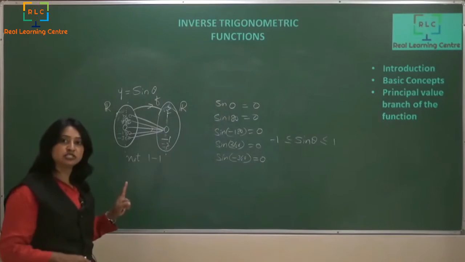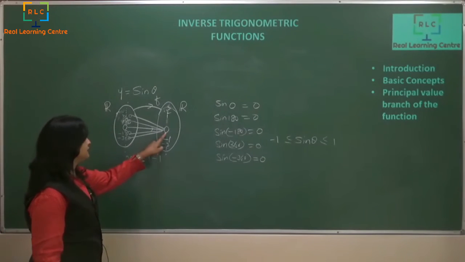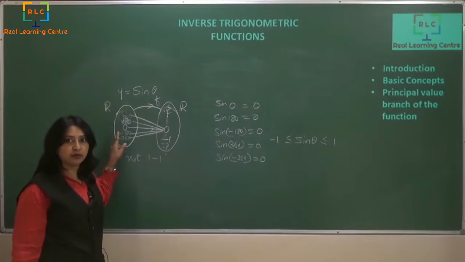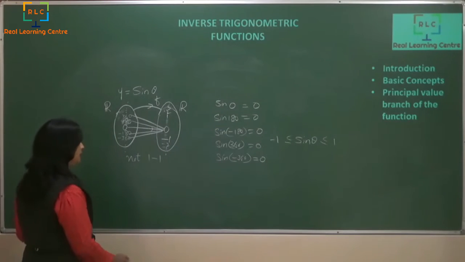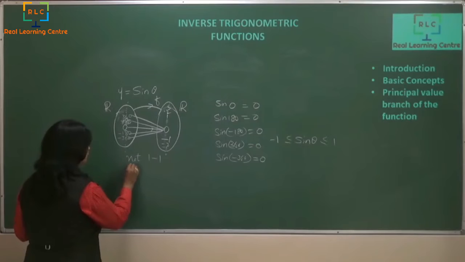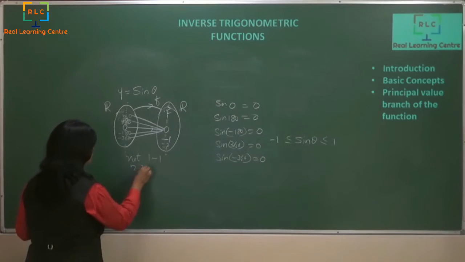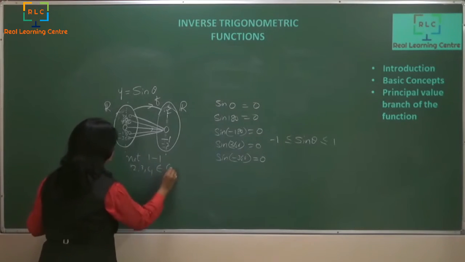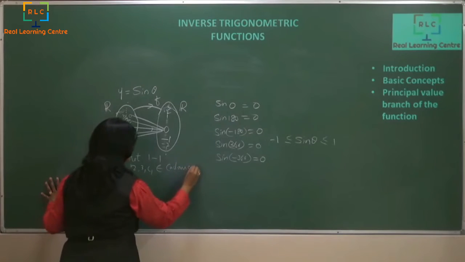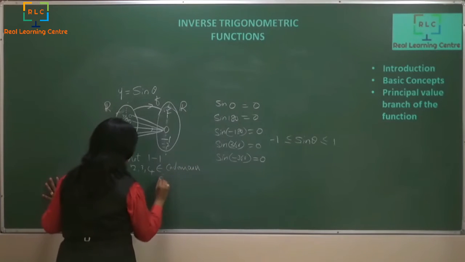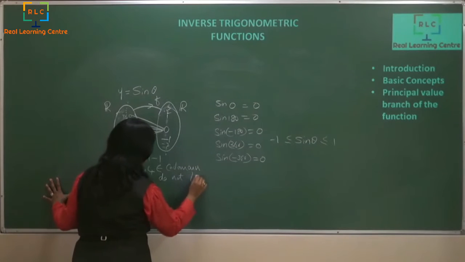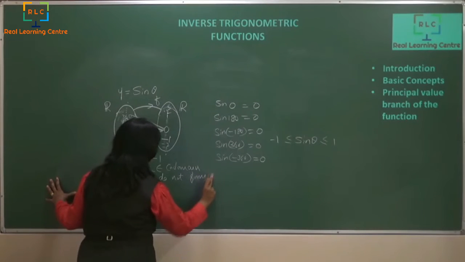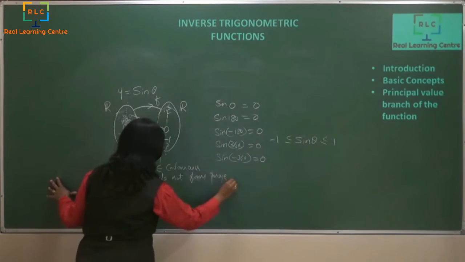So, the first condition fails, because 0 is the image for an infinite number of elements here. Therefore, it is not one-one. And 2, 3, 4 belonging to the codomain do not form an image at all.